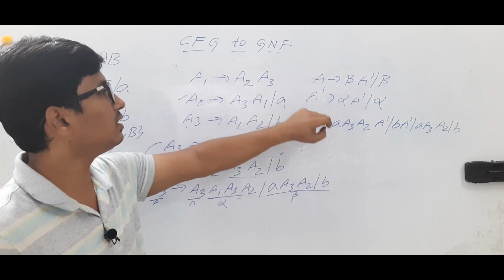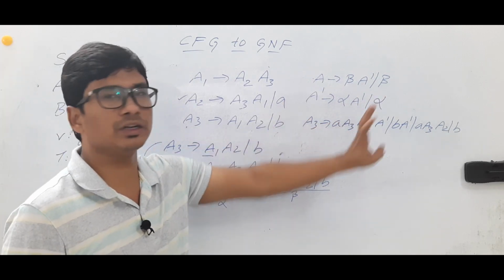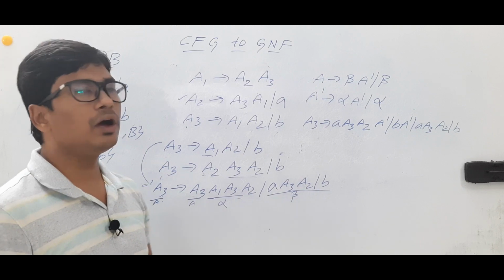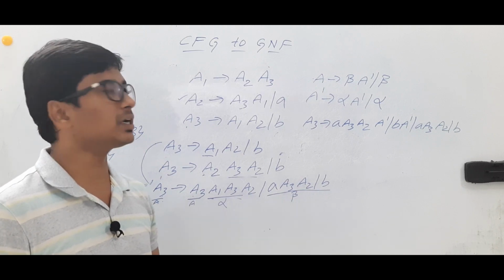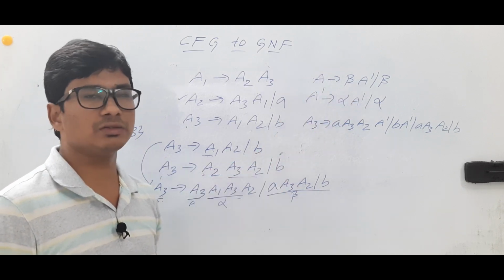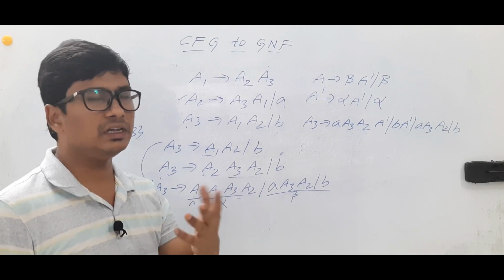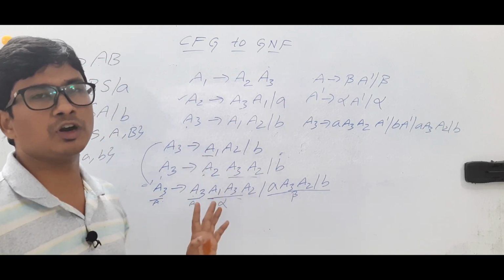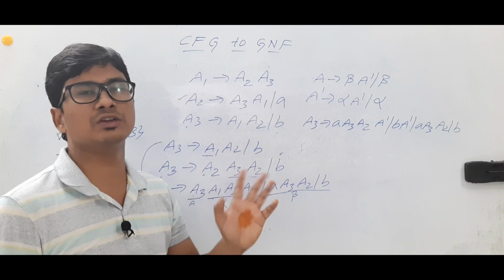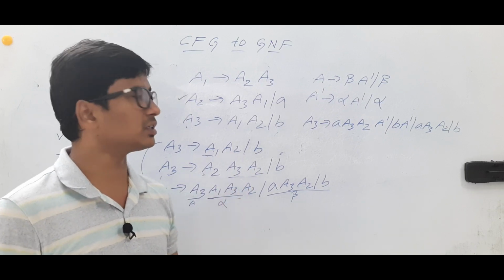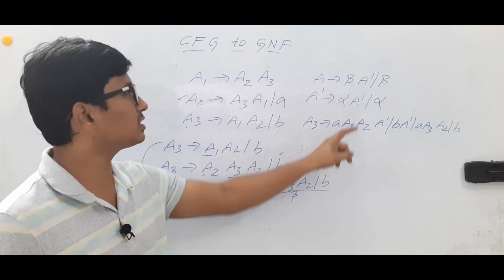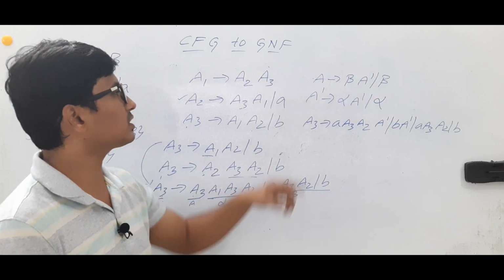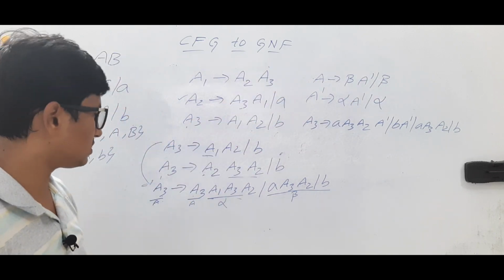This is what I got, which means I got epsilon here. Am I right? Then I need to eliminate the epsilon productions because A dash is not the start symbol. If it were the start symbol, then it would not be a problem. Except for the start symbol, no other variable is allowed to have an epsilon production. So I need to eliminate the epsilon production. Once I eliminate it, I get these two productions.